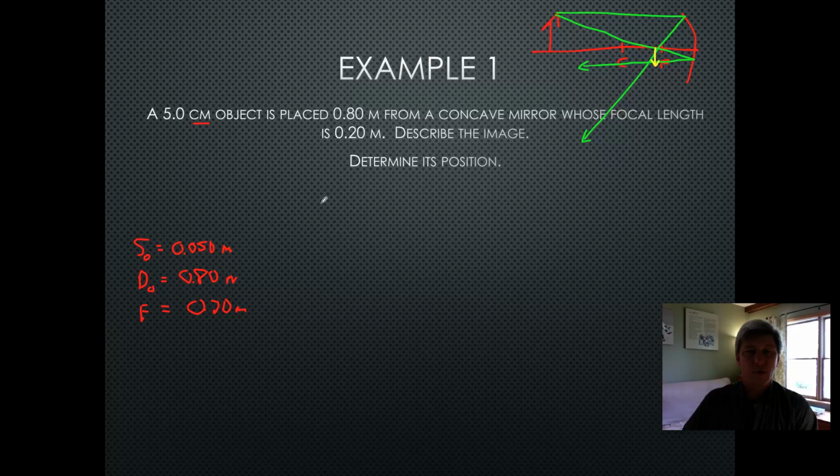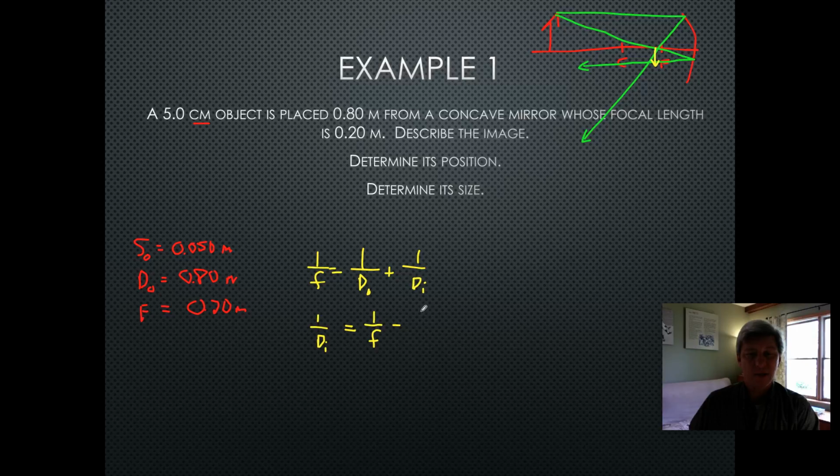So we know that the formula here is going to be 1 over F equals 1 over DO plus 1 over DI. That means that 1 over DI is going to equal 1 over F minus 1 over DO.